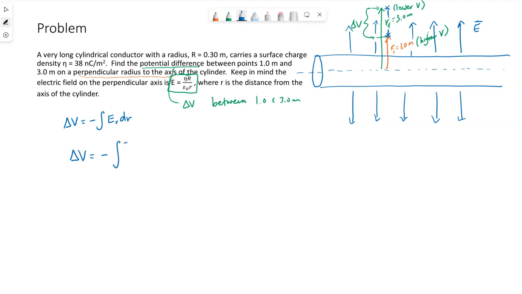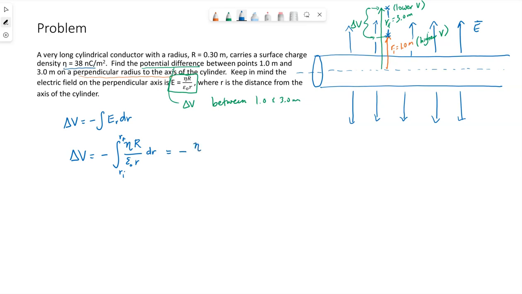I'm going to substitute in for the electric field our equation that describes the electric field. And again, it was given in the problem, so I just used that equation. Our limits are going to be from some initial value of r to a final value of r. I'm going to go ahead and pull out my constants.